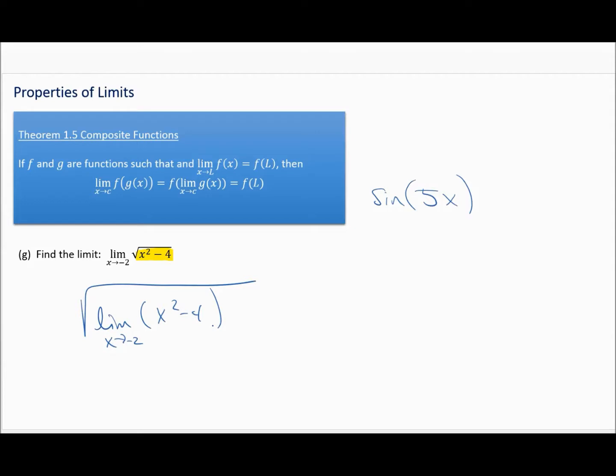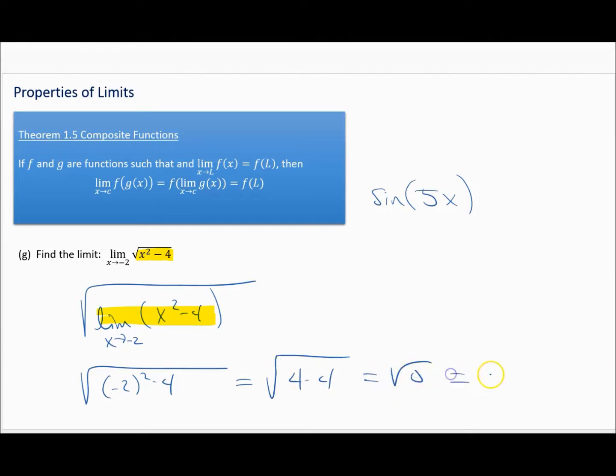In fact, yes we can, because this is a polynomial. And remember, polynomial functions, you can do direct substitution. So my next step would be to evaluate that first, and then take the square root of it. So I have the square root of, so this is going to be negative 2 squared minus 4, which is the square root of negative 2 squared is 4, minus 4. The square root of 0 is 0.